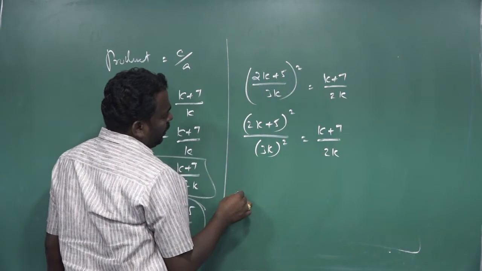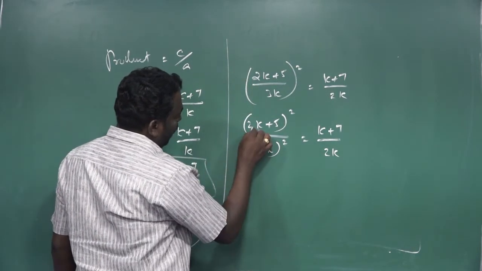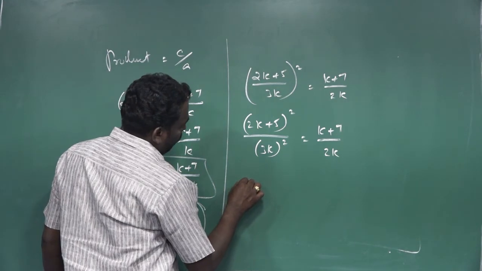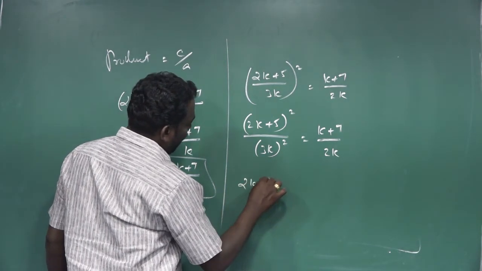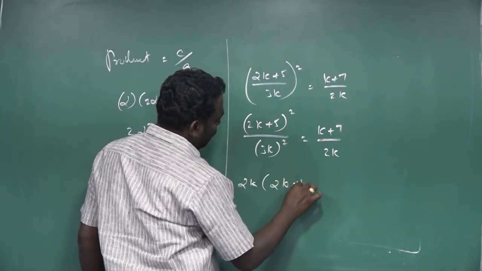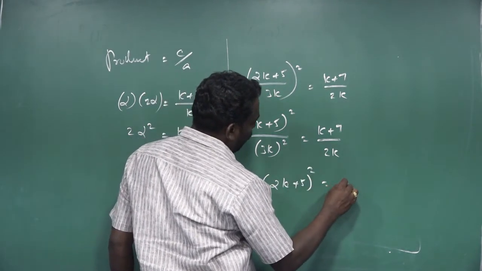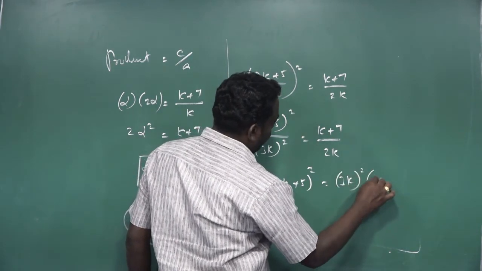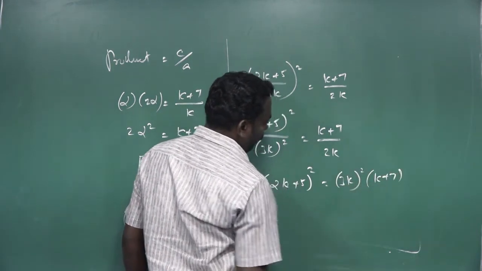Now just transfer the term and square the value. What is it? 2k into (2k plus 5) whole square, that is equal to 3k whole square into (k plus 7).